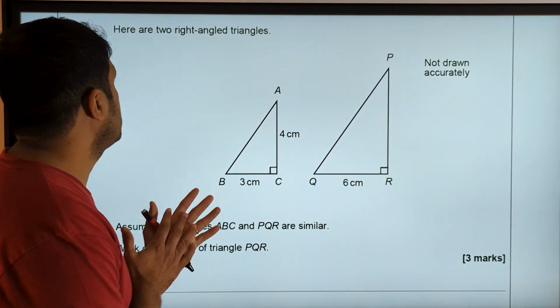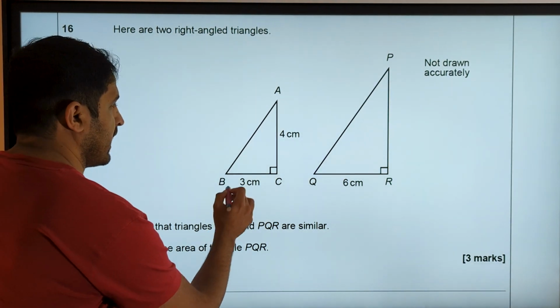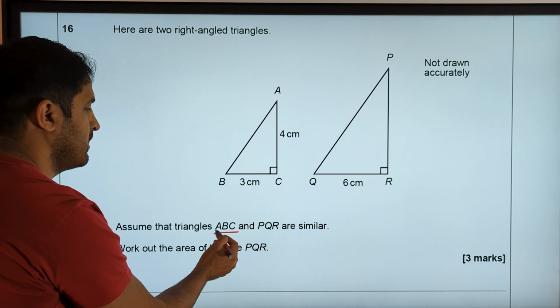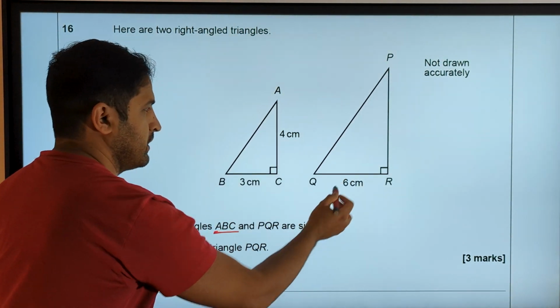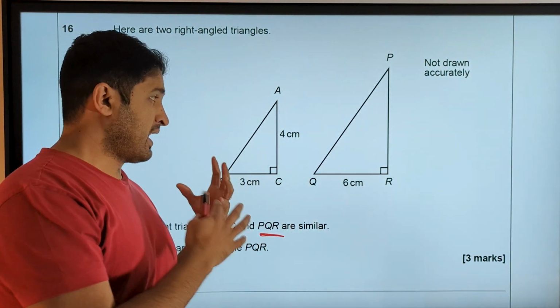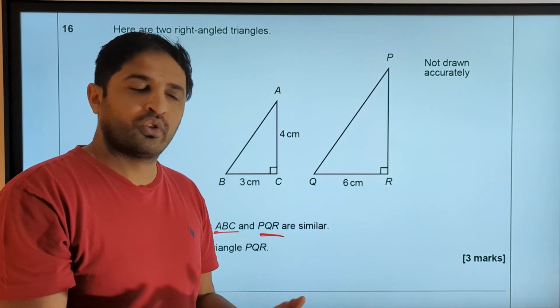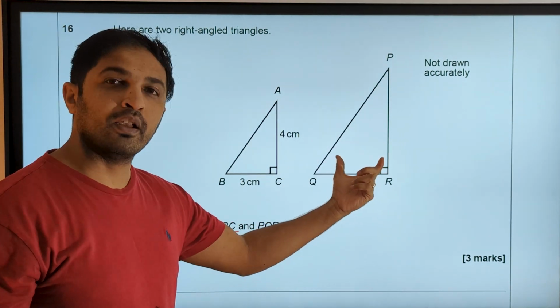Alright, so we've got two right angle triangles, triangle ABC, which is that one, and the triangle PQR, which is that one there. And they are similar. Similar means they have the same angles, but the lengths are enlarged. Here you can see the scale factor as well. How many times is this triangle bigger?